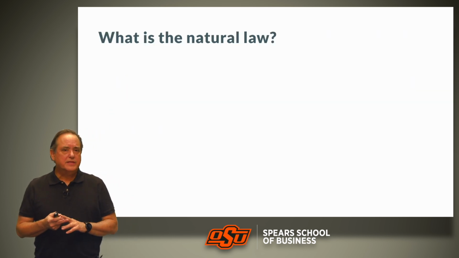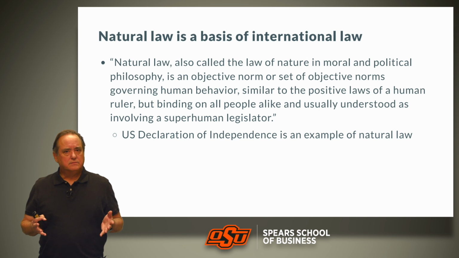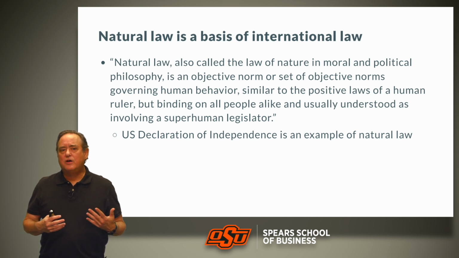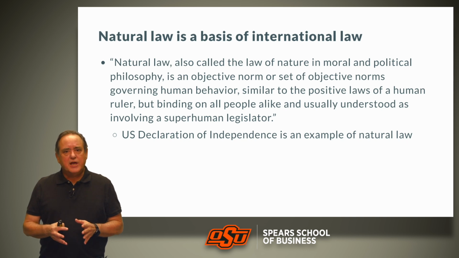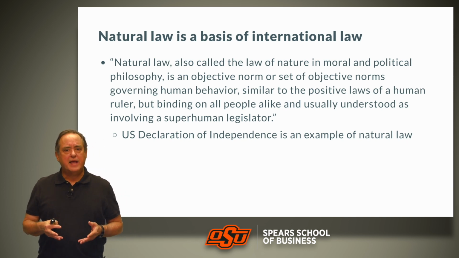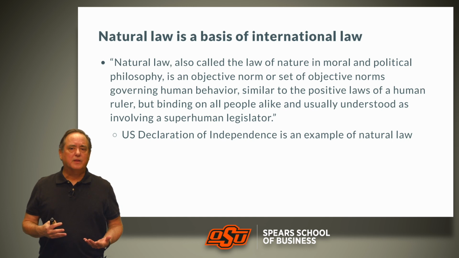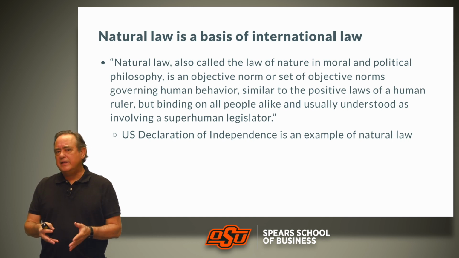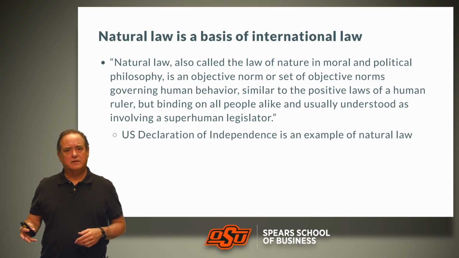So let's start with this idea of what is the natural law. Natural law, which you may also see called the law of nature, is an objective norm or set of objective norms governing human behaviors, similar to the positive laws of a human ruler, but binding on all people alike, and usually understood as involving a superhuman legislator.